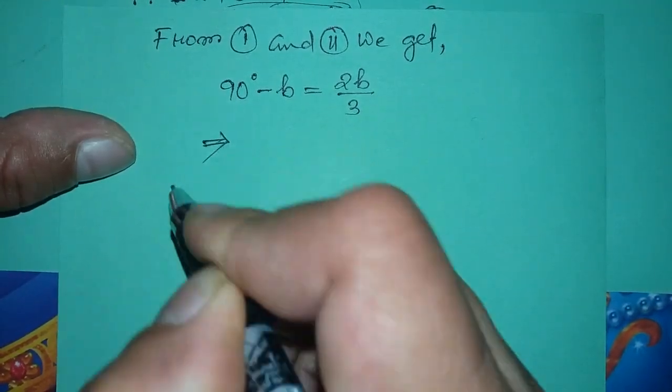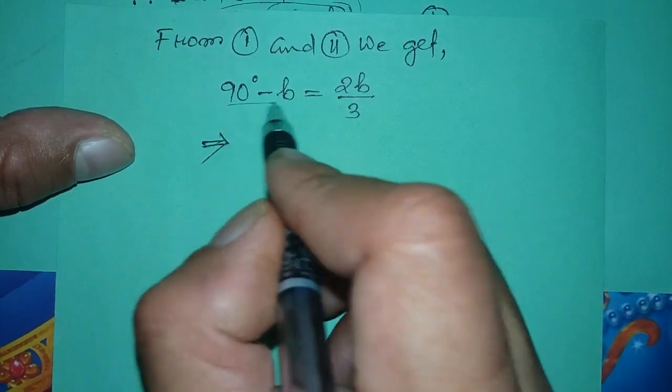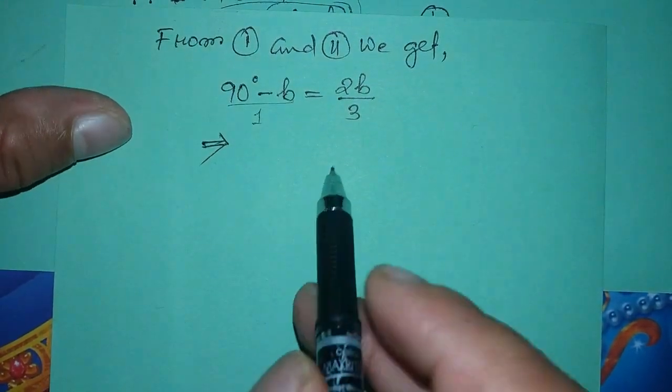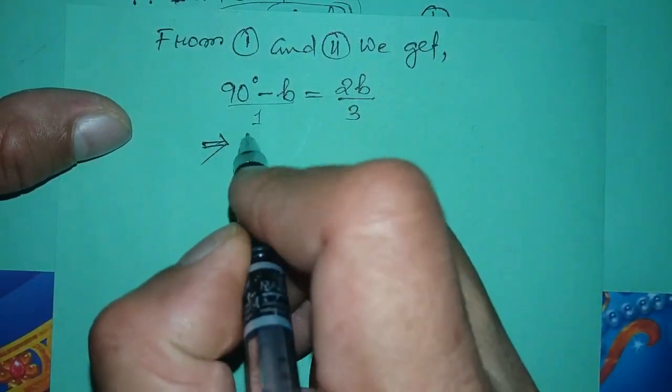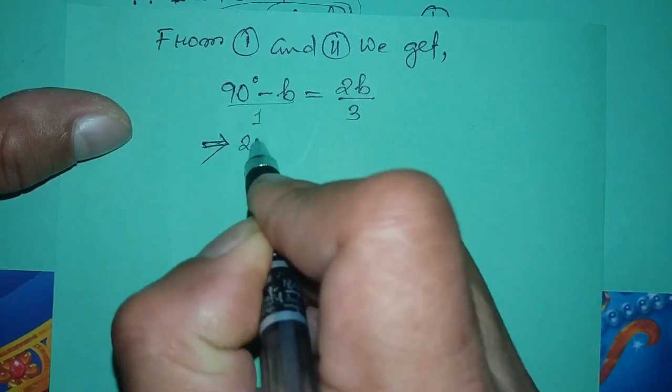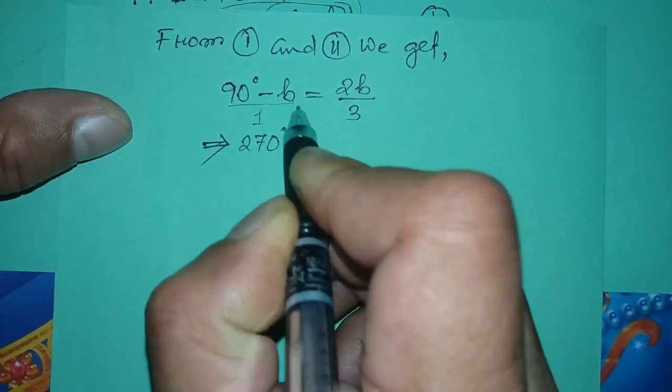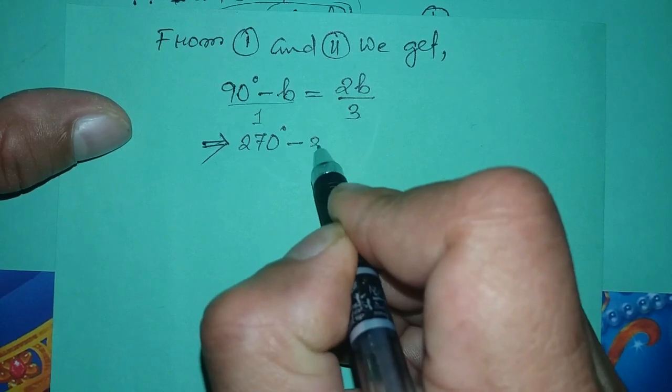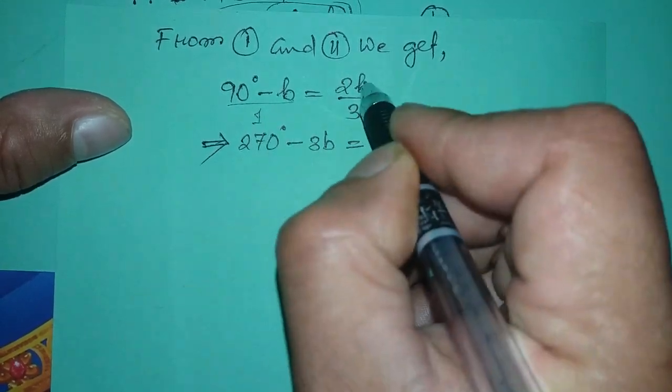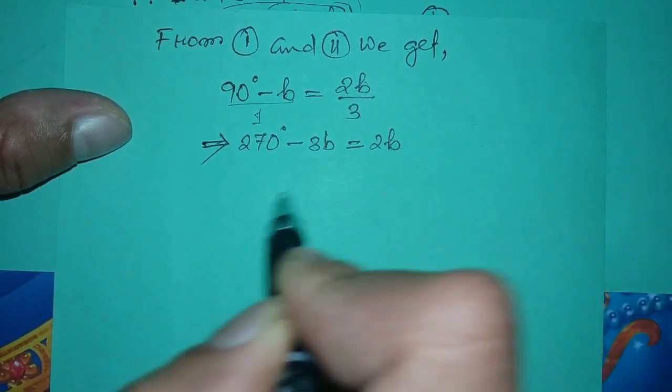Now again we will cross multiply here, 1 in the denominator, so 3 into 90 is 270, minus B into 3 is 3B. Now 1 into 2B is 2B.